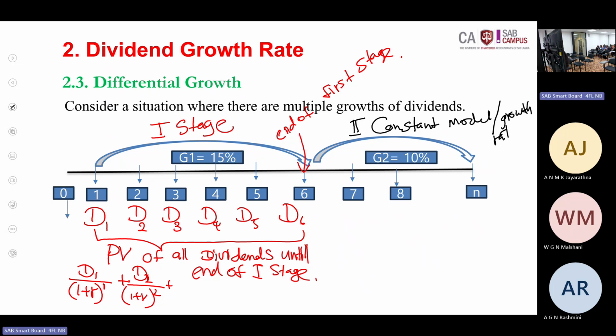If it is a constant growth rate, do we know how to calculate the value at that constant model? Yes, we know. We previously calculated it: dividend in first year divided by the difference between R and growth rate.